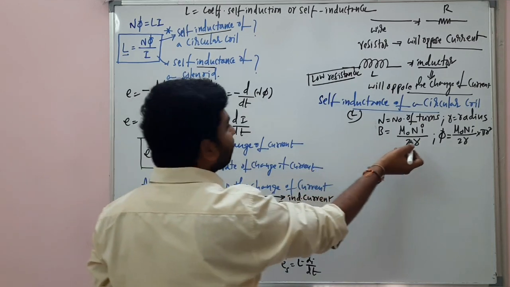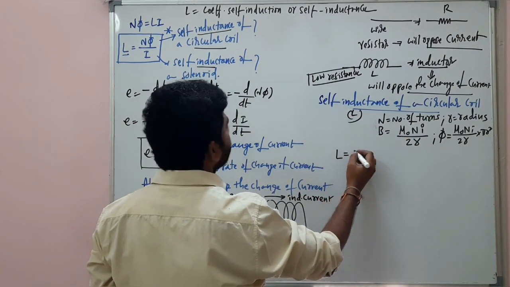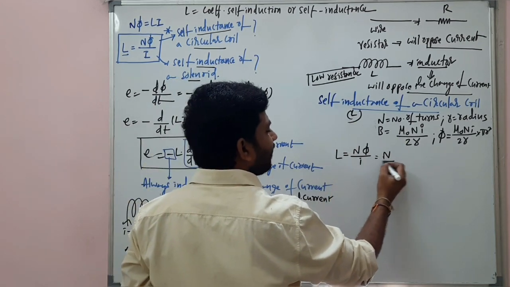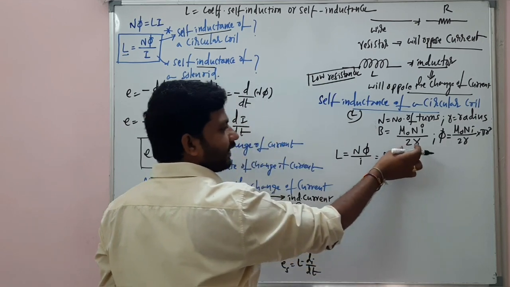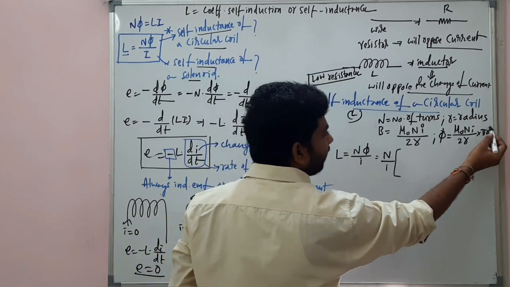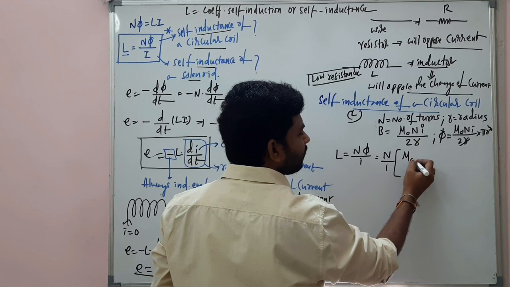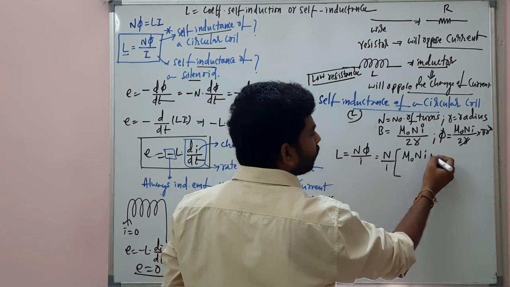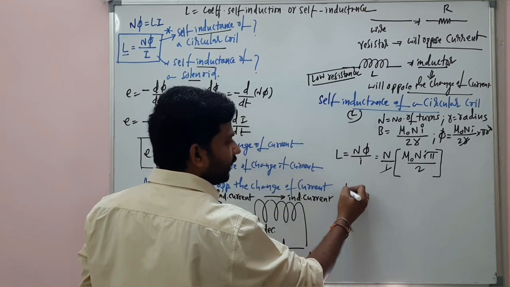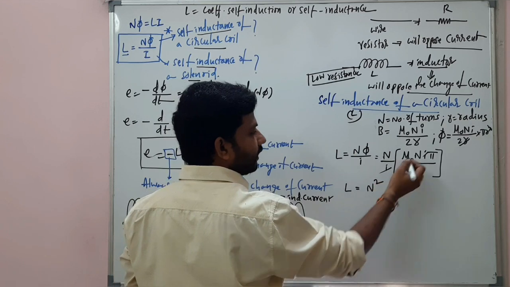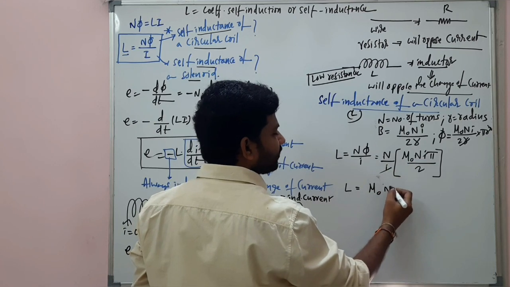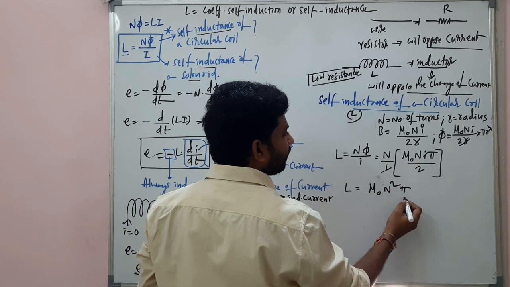From here, L is equal to N into phi divided by I, that is N by I into the phi value, the magnetic flux linked with this coil whose number of turns is N. One R is already cancelled here: mu naught N I into pi divided by 2. So I cancel, and L is equal to mu naught N square into pi divided by 2.